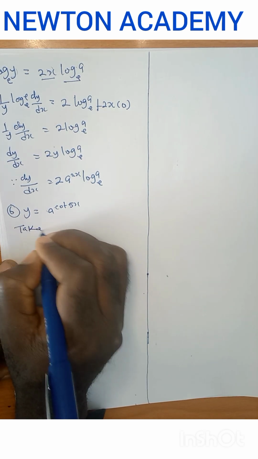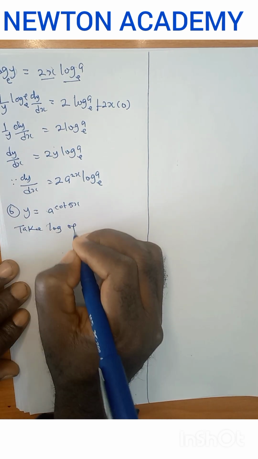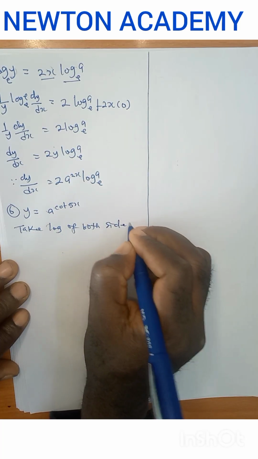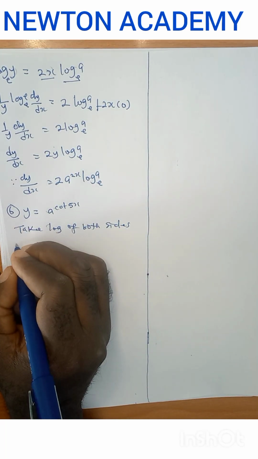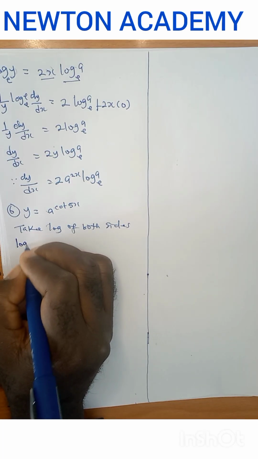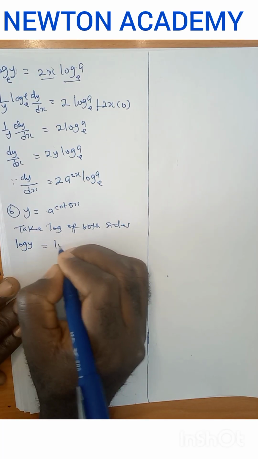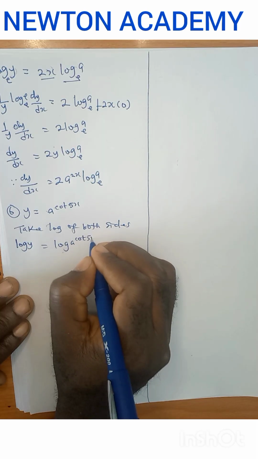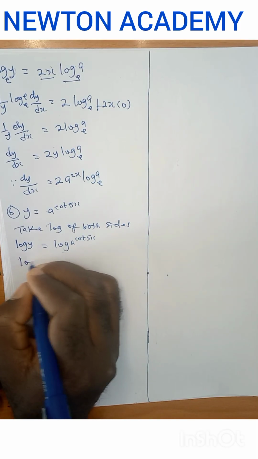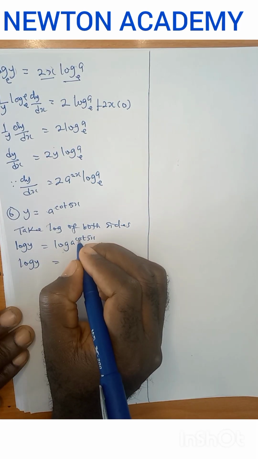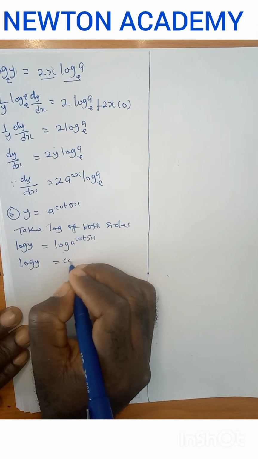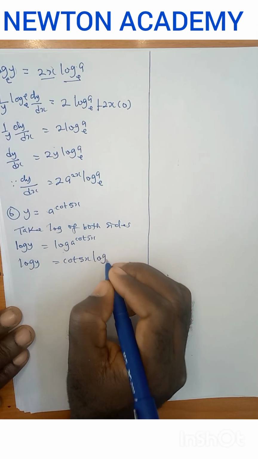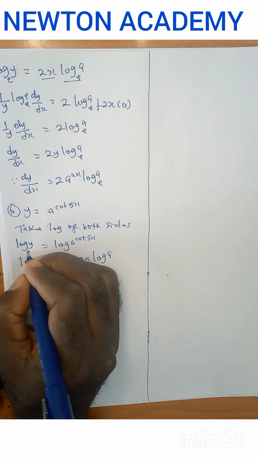Then when we take the log of this, we have log y is equal to log of a raised to power cot 5x. Then we have log y is equal to this power cot 5x will come down here. We have log a. Remember, they are all in base e.